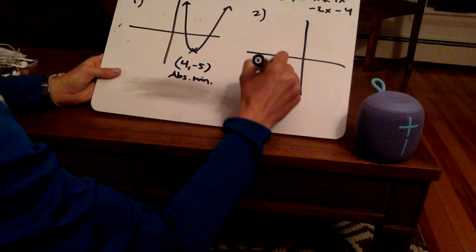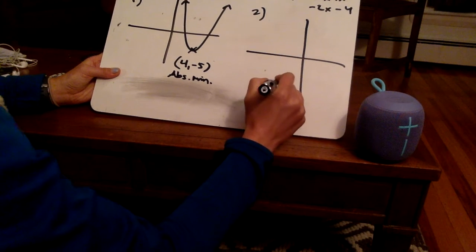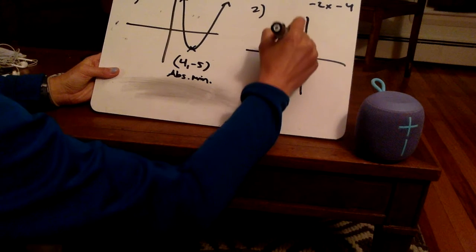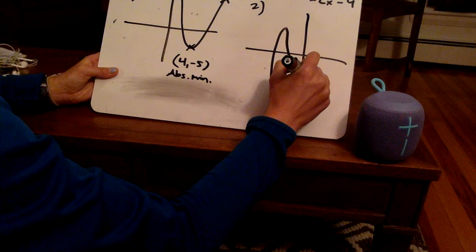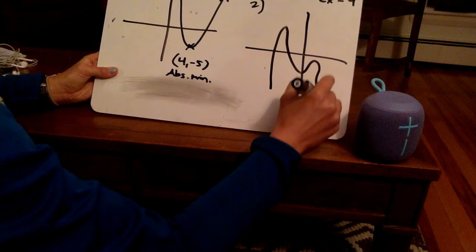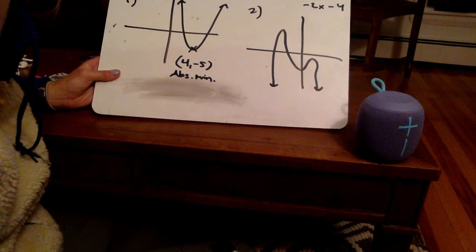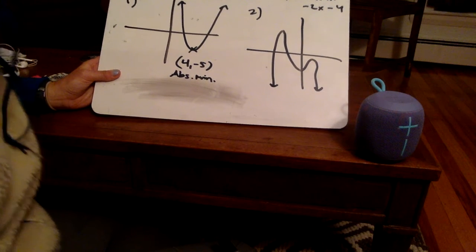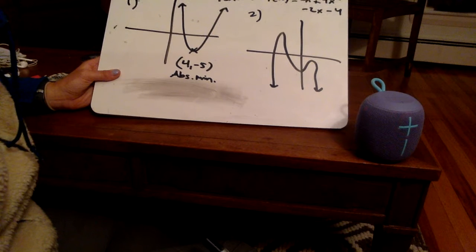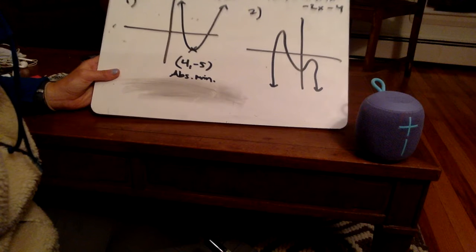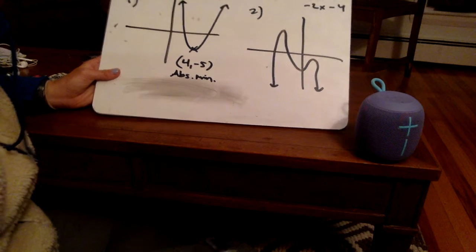I have a pretty steep line going up, then it drops down, and it raises up again, and then it continues down. So I'm not going to have any absolute minimums on this graph because it's heading in the negative direction toward negative infinity for my range. However, I do have an absolute maximum, a relative maximum, and a relative minimum.